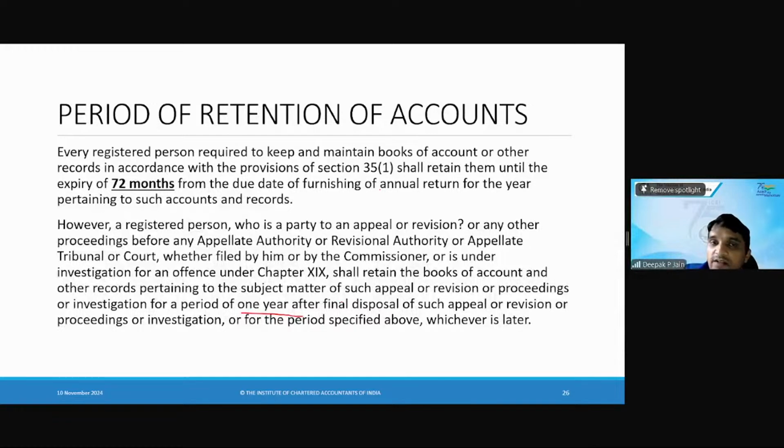Correct? So they will dispose of, say, in between the year. If for 23-24's case, they are disposing on 5th of January 2031, then 5th of January 2032 तक आपको मेंटेन करना है, not end of the financial year, things like that. From the date of order, 1 year from that.